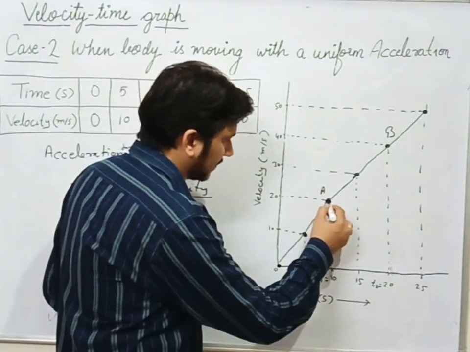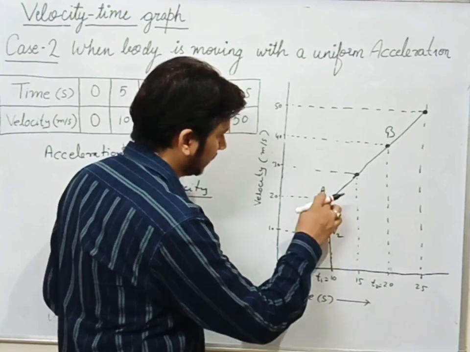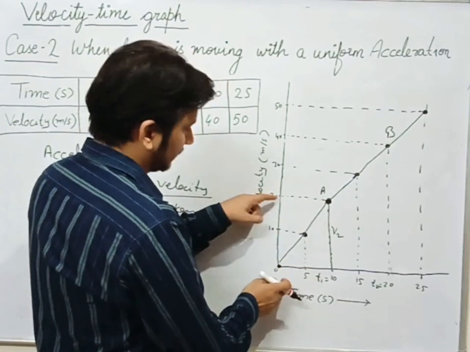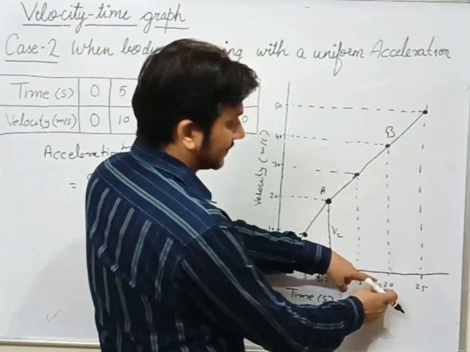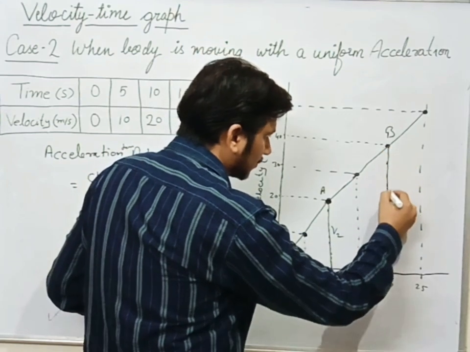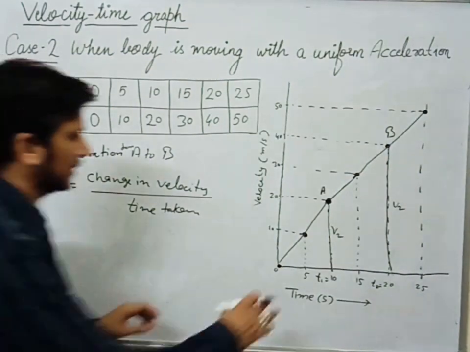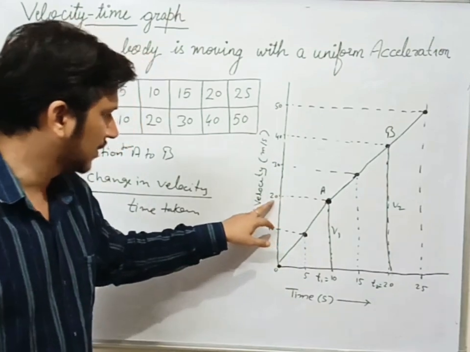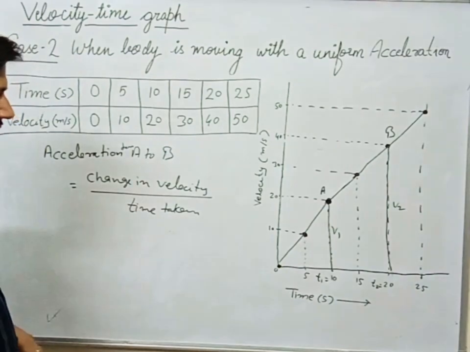Now for the change in velocity, suppose this line is V1, and V1 is 20 meters per second: at 10 seconds the velocity is 20 meters per second, and at T2, 20 seconds, its velocity is 40 meters per second. So V2 is this one, and sorry, this one is V1. V1 equals 20 and V2 equals 40 meters per second.